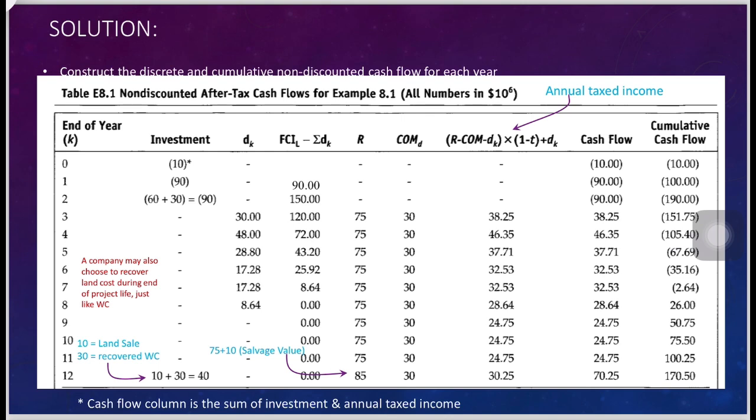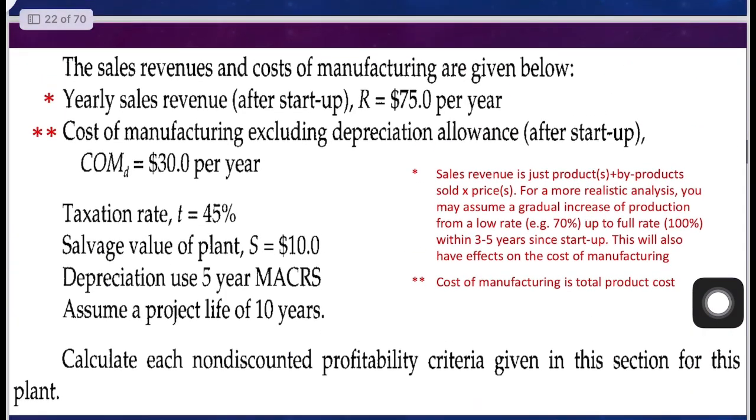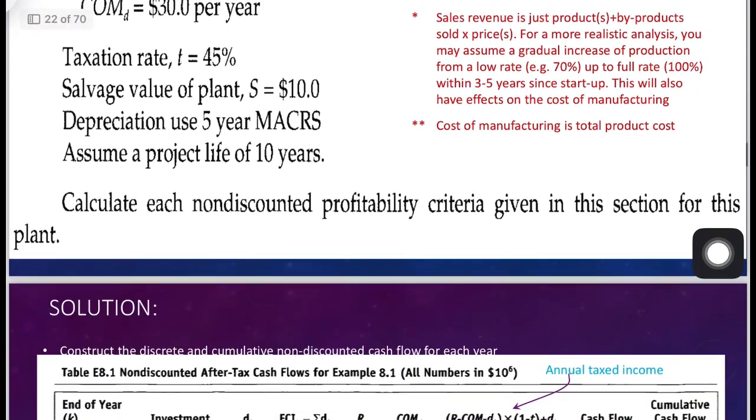And then it would be best if you have this table in making your profitability analysis so that you won't get confused, okay? So there you have a taxation rate of 45%.